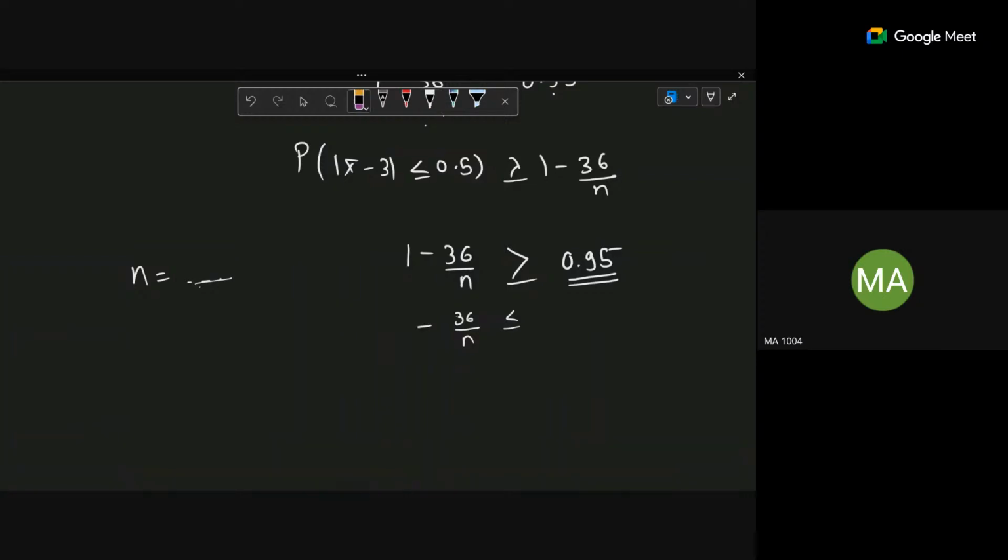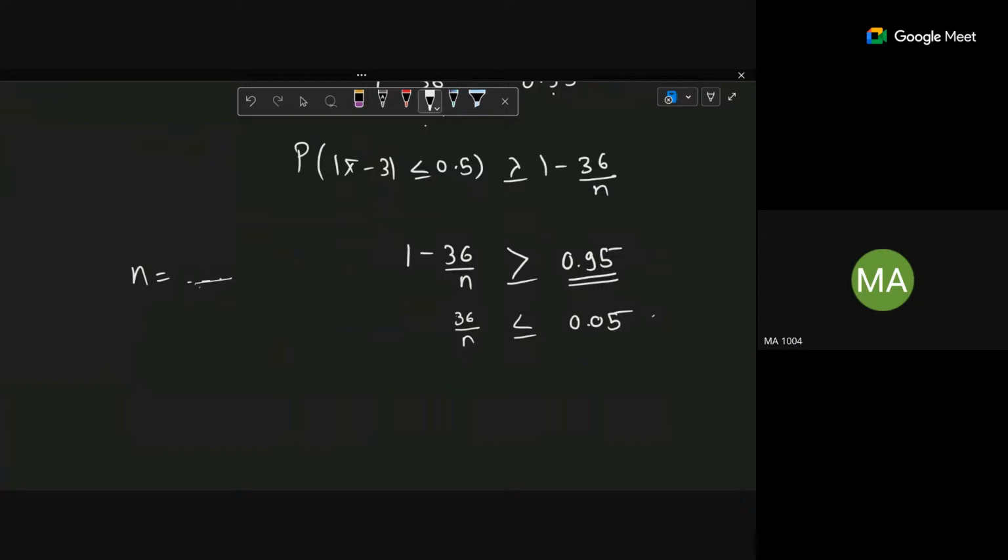So okay, let's just solve it. Greater than or equal to 0.95, that means 0.05. There is a negative sign on both sides if I subtract from both sides.